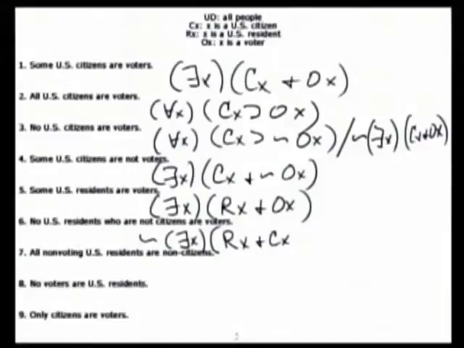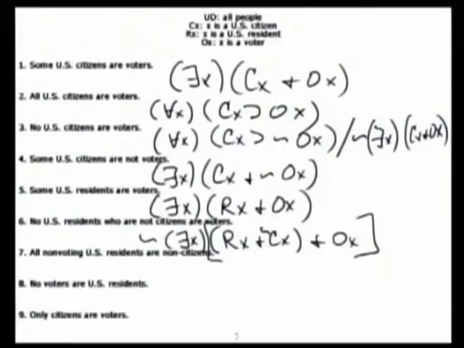Oh yeah, curl CX. And then OX, with parentheses around all that. Okay, so it's not the case that there exists an X such that X is a resident and not a citizen who's also a voter. Seem right? Looks good to me.